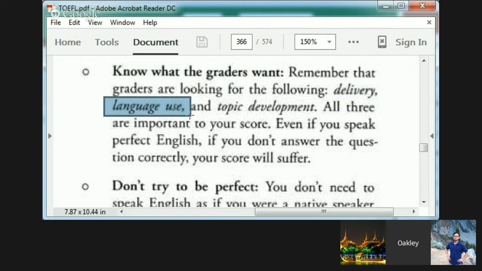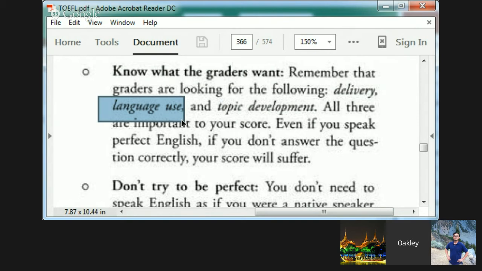Language use includes vocabulary and grammar. Really, just study English. If you're properly using signal words and signal phrases, the beauty is not only does that help your topic development and organization, it also helps your language use because you have a lot of them, and also it helps your grammar because using them forces subordinate clauses.